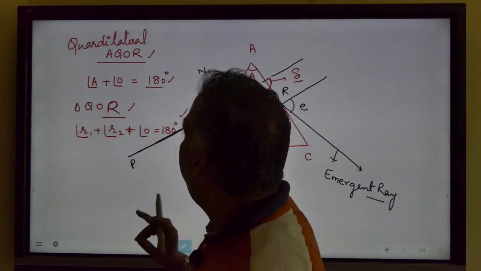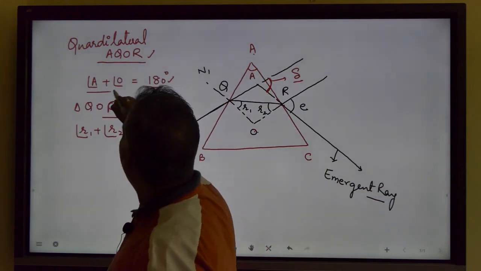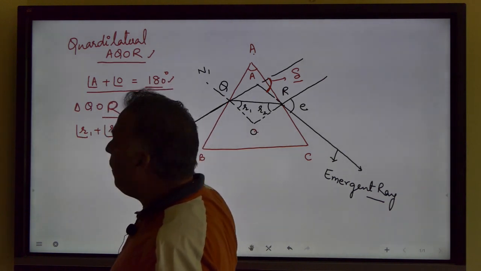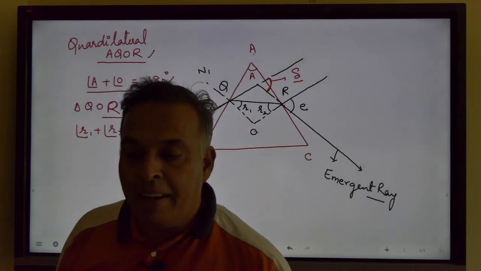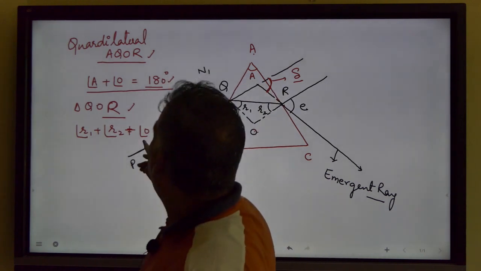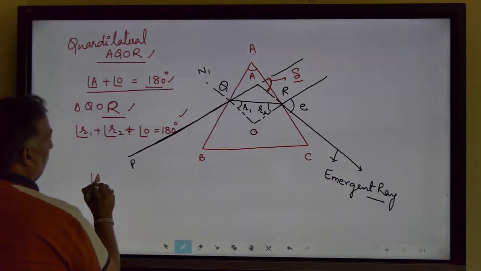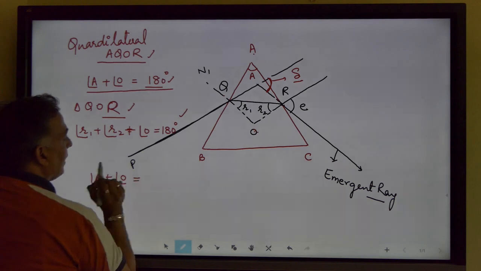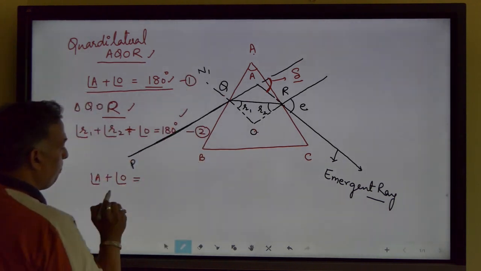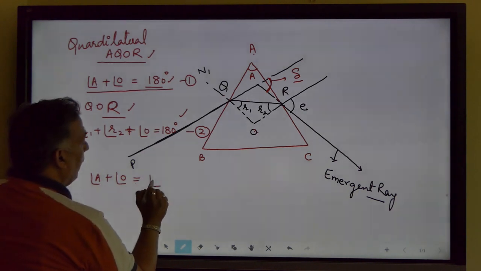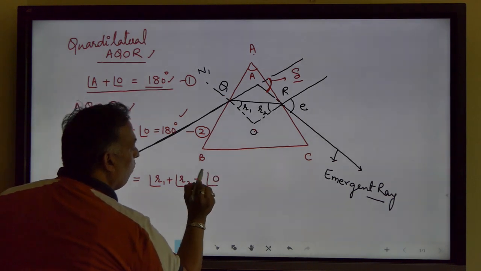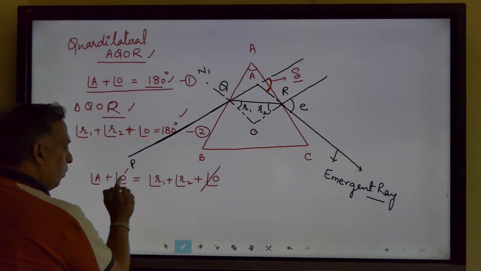Now from here we are having angle A plus angle O is 180 degrees, angle R1 plus R2 plus O is 180 degrees. From here we can denote that angle A plus O, this is number 2 and this was number 1, is equal to angle R1 plus angle R2 plus angle O. So you can cancel out this one.